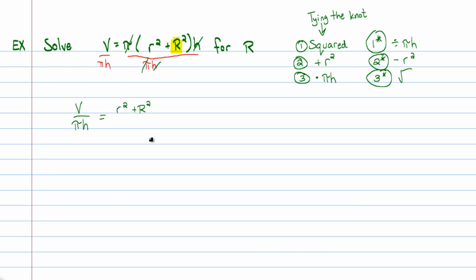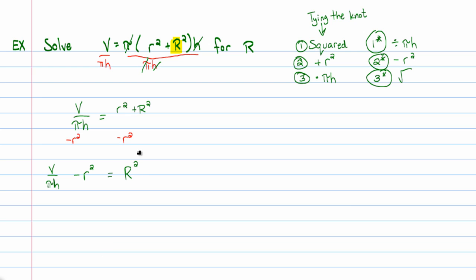Now, following what I told myself I'm supposed to do, I'm going to subtract little r squared from both sides. Remember that little r squared is not a like term with the other variable term there, so we just have V over pi h minus little r squared is equal to a big R squared.